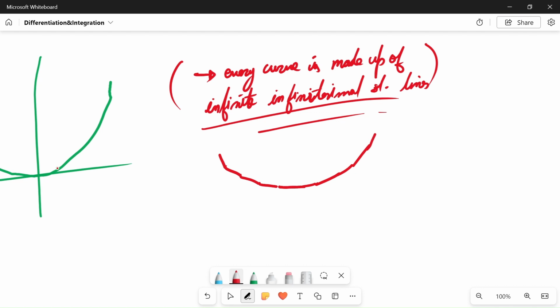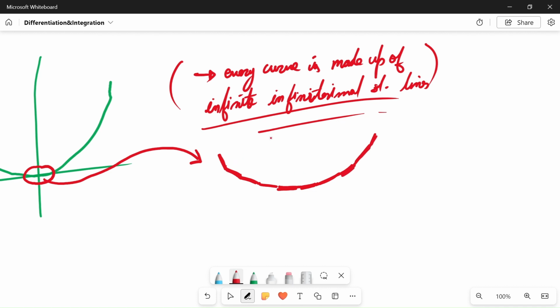Okay, so for example, if I just zoom on to this portion of our parabola and show you in there, then the parabola is nothing but a set of straight lines which are joined together in this manner.